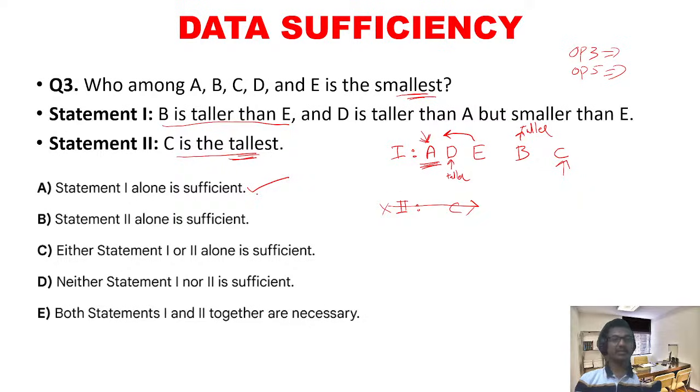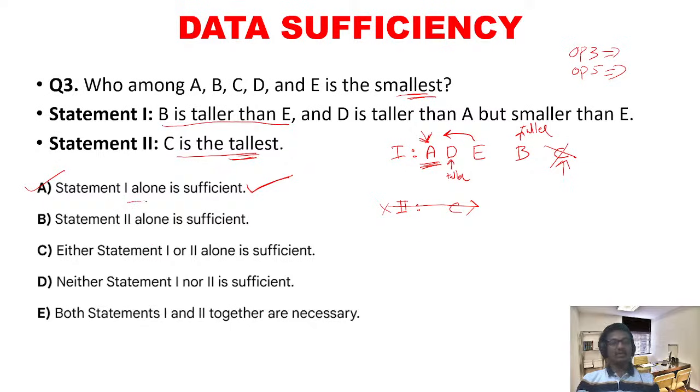Statement 1 alone, without this also, you are able to identify the smallest person is A here. With statement 2 involved also, the smallest person is A only. So the answer for this is option 1.